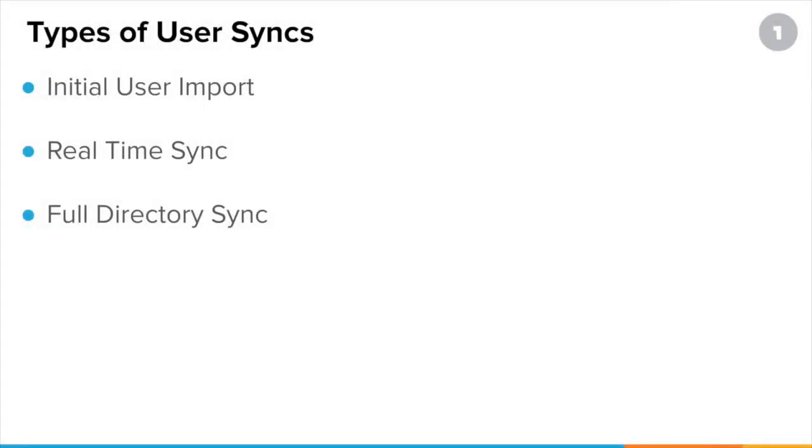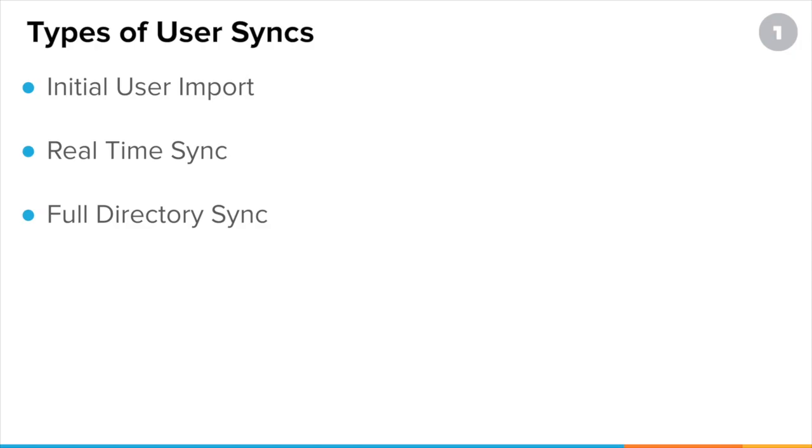So there are 3 main types of user syncs. That initial user import, again, you can trigger it manually if you wish from that actions menu as we just saw. And the real-time sync that I mentioned, that will kick in once I've set this up such that anytime a user is created or changed within Active Directory, that change will be pushed to OneLogin.